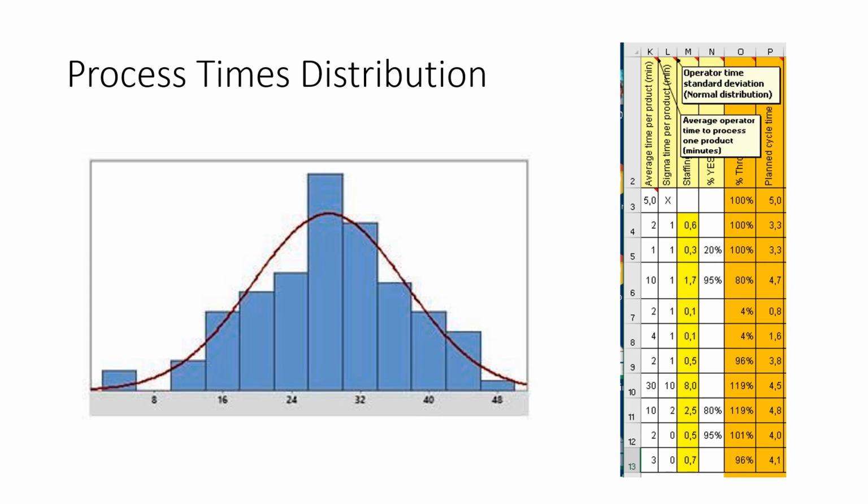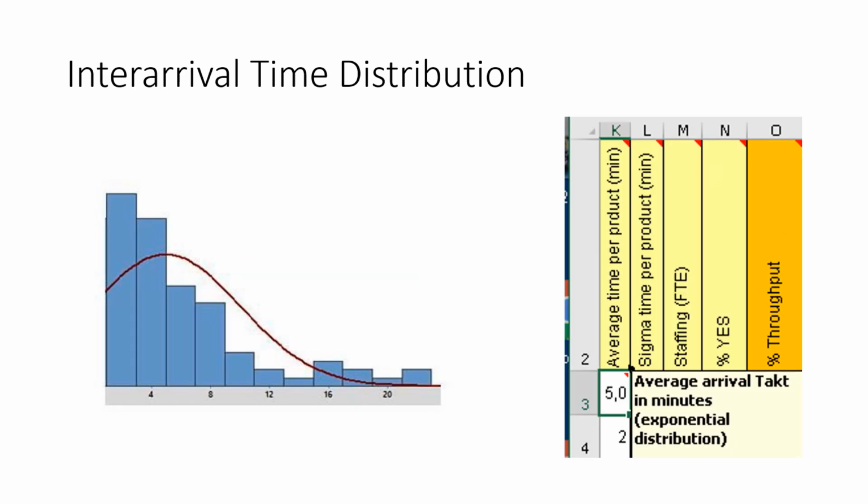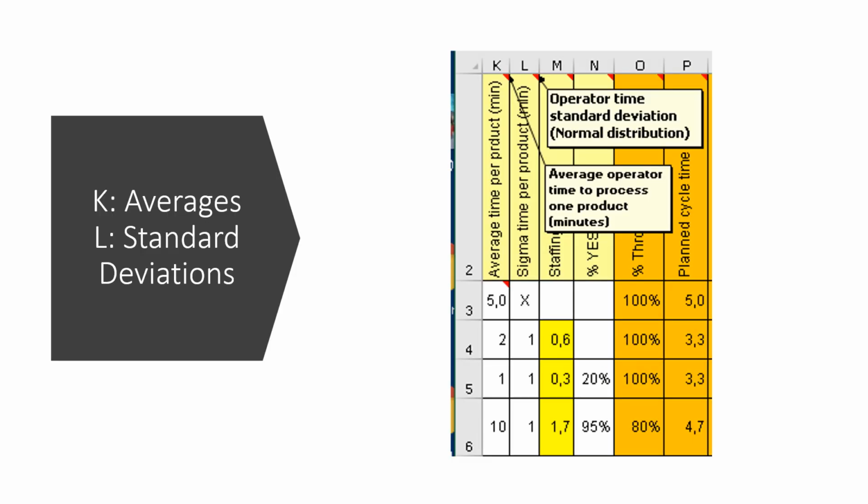We assume that process times follow a normal distribution, with average in K and standard deviation in L. On the other hand, looking at the inter-arrival times, we notice that the standard deviation is greater than its average and the shape of the distribution is telling us that it is closer to an exponential distribution, so we will use this assumption in our simulation. In this case, the inter-arrival times average in K3 is 5 minutes.